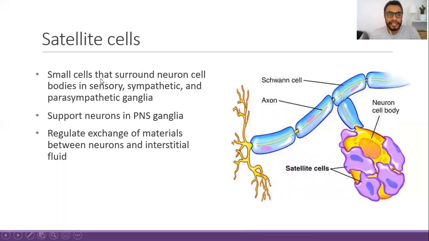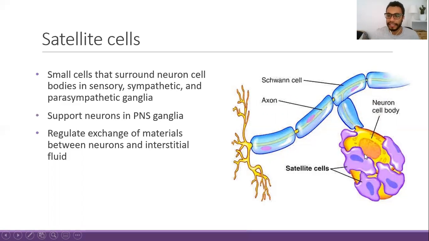And this other type of cells, finally, the satellite cells, are small cells that surround the neurons here. Mostly they surround the cell body, okay? So this is the cell body. In the peripheral nervous system, the cell bodies constitute the ganglia: the neuron cell bodies in sensory, sympathetic, and parasympathetic ganglia.